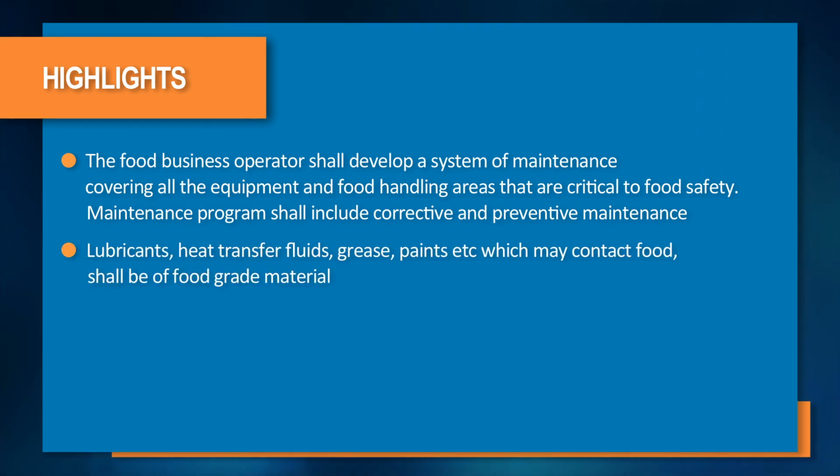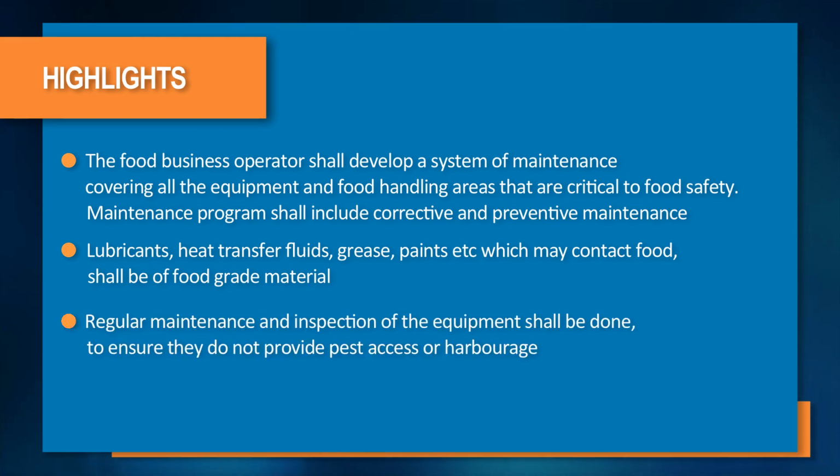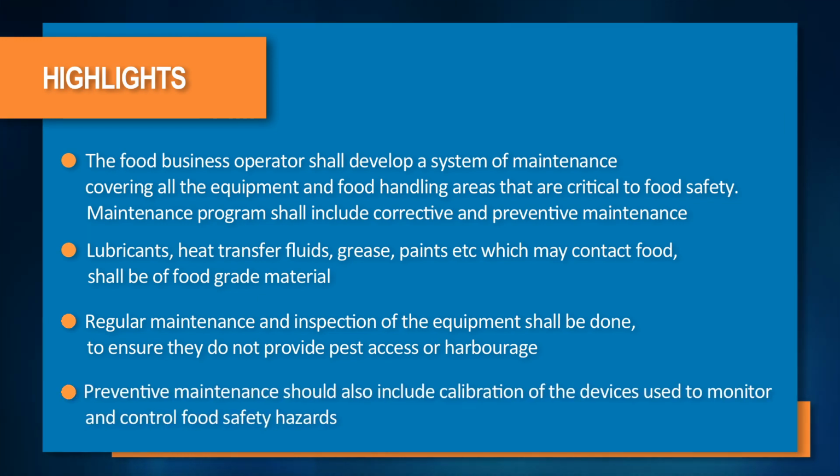Lubricants, heat transfer fluids, grease, paints, etc., which may contact food shall be of food grade material. Regular maintenance and inspection of the equipment shall be done to ensure they do not provide pest access or harborage. Preventive maintenance should also include calibration of the devices used to monitor and control food safety hazards.